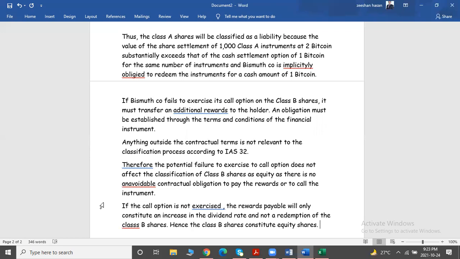Therefore, potential failure to exercise the call option does not affect the classification of class B shares as equity because there is no unavoidable contractual obligation to pay the rewards or to call the instrument. And lastly, if the call option is not exercised, the reward payable will only constitute an increase in dividend rate, not a redemption of the class B shares. So, class B shares will constitute equity shares.